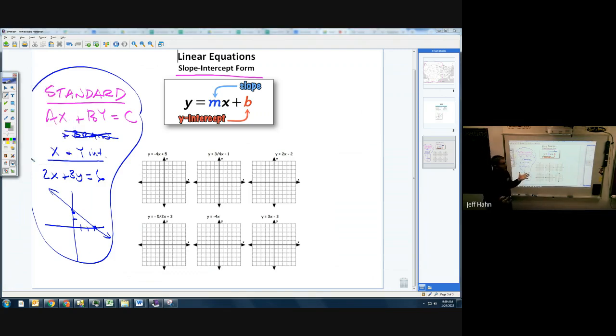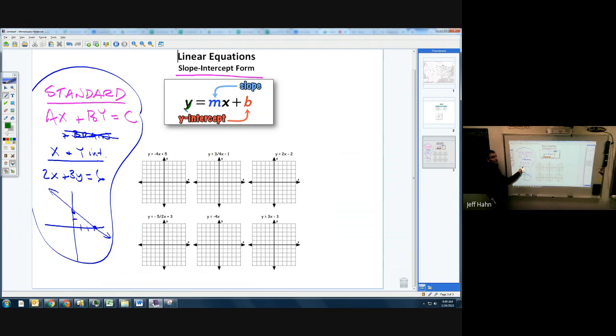Slope-intercept form is very simple. The difference between that and standard form is that slope-intercept form is always solved for the letter y. Because that's what we're supposed to solve for. When it's in slope-intercept form, it's incredibly easy to graph. I could change this and make it slope-intercept form.